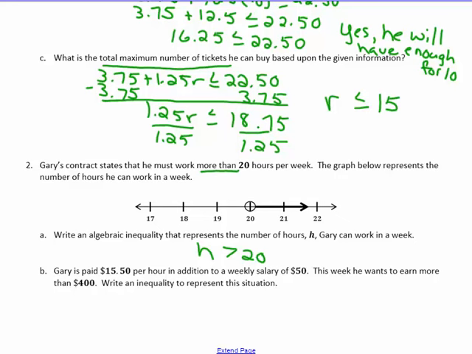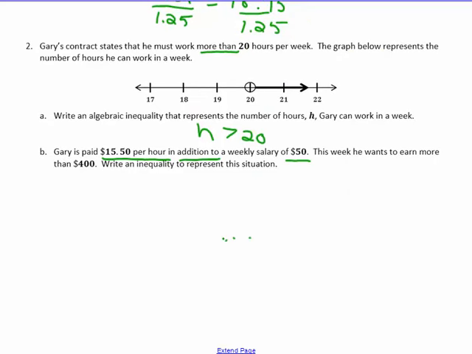If Gary is paid $15.50 per hour in addition to a weekly salary of $50, we want him to earn more than $400. So my inequality: we have $15.50 per hour, so times the number of hours H, plus, in addition to, the $50 he gets, and we want to earn more than $400.